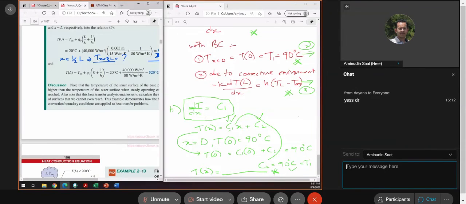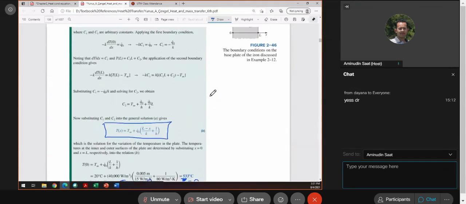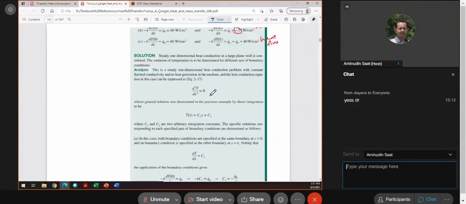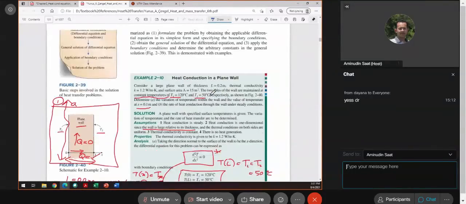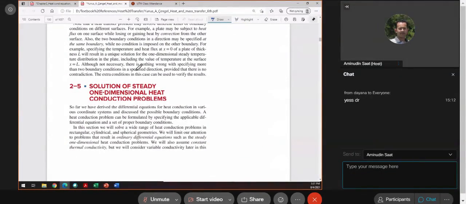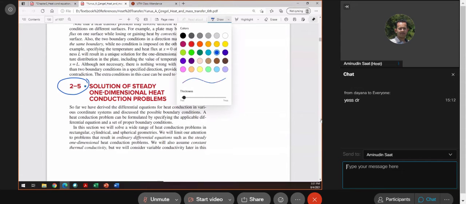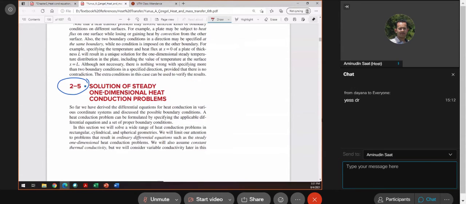If you look at this textbook, in this early part it says: in this section we will solve a wide range of heat conduction problems of rectangular, cylindrical and spherical.